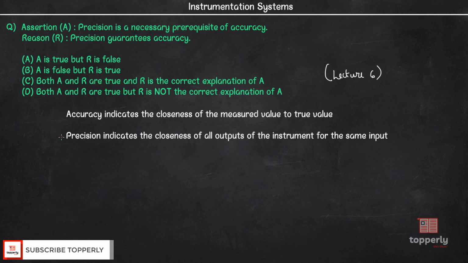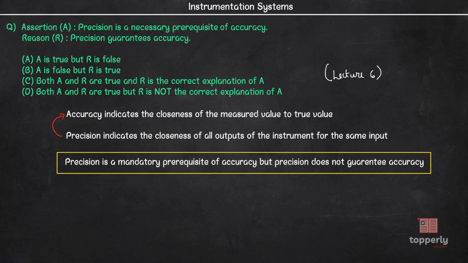That is, precision is mandatory to have greater accuracy. So we can say precision is a necessary prerequisite of accuracy, but precision does not guarantee accuracy. So option A is the correct answer. That is, the assertion is true but the reason is false.